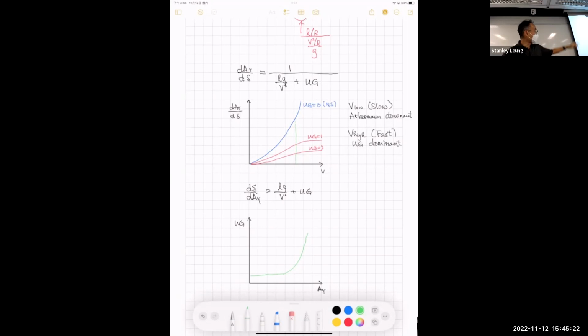Okay, but that's okay. I finish. I know there are a lot of equations, but the message is this: first of all, you are just controlling the rotation of your car, the direction.